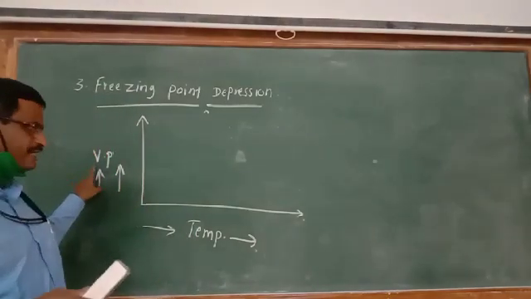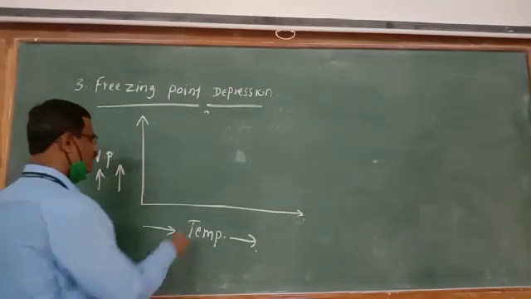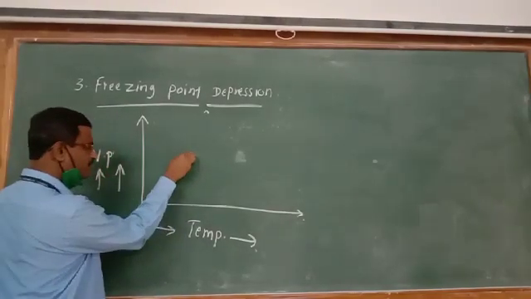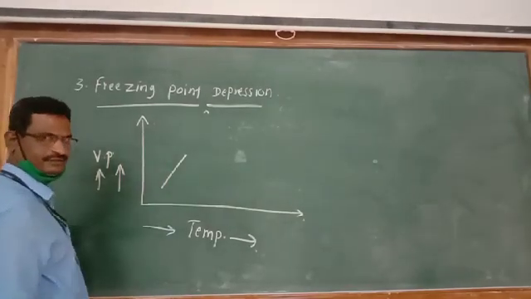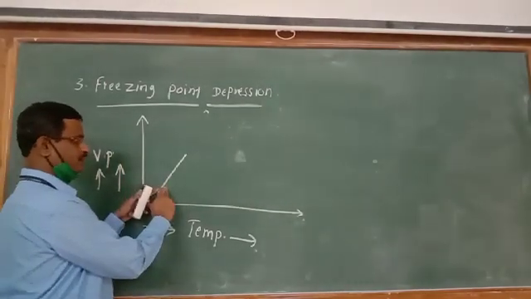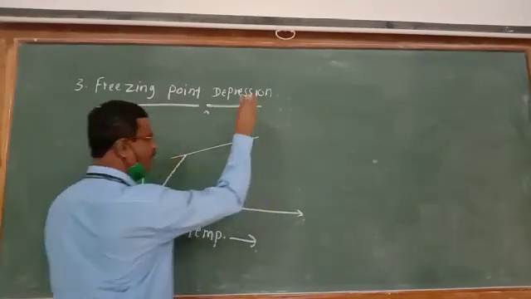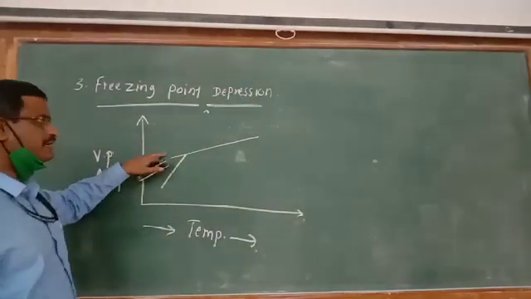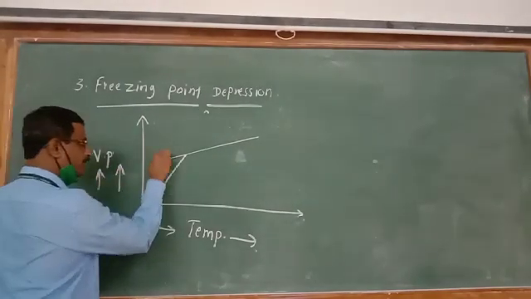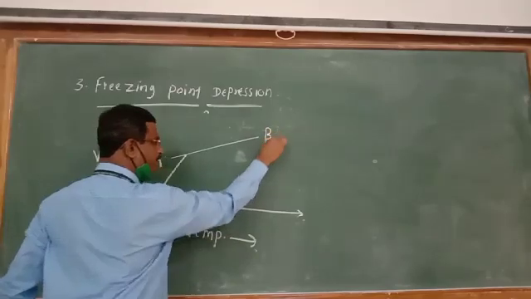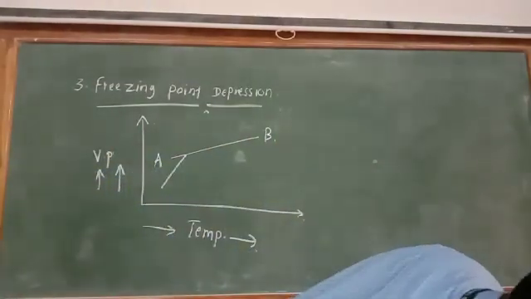Vapor pressure as a function of temperature for liquid and solid. If we consider this as a solvent in liquid state, solid state solvent. If this is the curve for liquid state pure solvent, let curve AB represent the vapor pressure temperature curve.